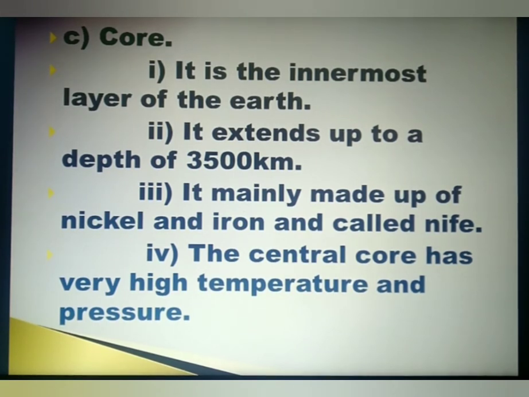It is the innermost layer of the Earth. It extends up to a depth of 3,500 km. Third point, it is mainly made up of nickel and iron and called NIFE. Last point, the central core has very high temperature and pressure.